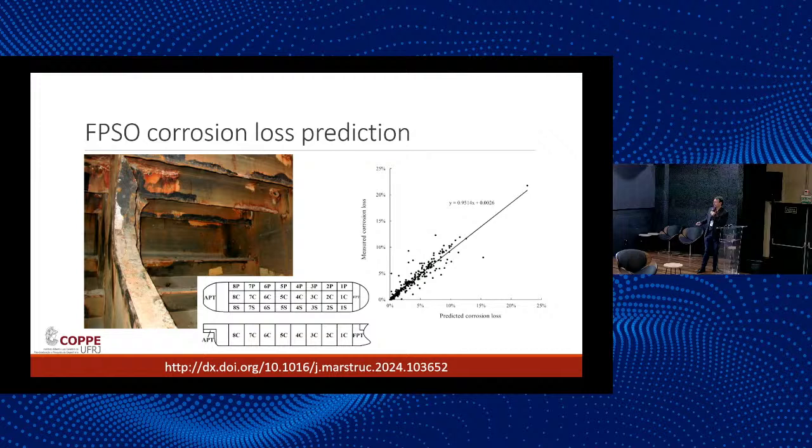And the repair, unfortunately, is not efficient at all, because when you want to repair one tank, you have to empty all the other tanks around it, and you lose productivity of the FPSO.